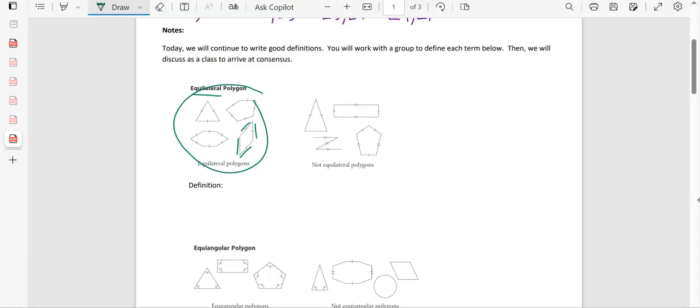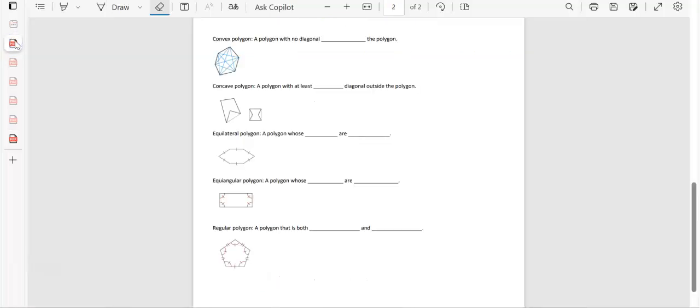In this one, for example, only 2 of the 3 sides are congruent. In this counterexample, these 2 sides are congruent, but these 2 sides are not congruent. So we can conclude that the definition of an equilateral polygon is a polygon with all congruent sides. Pretty straightforward.